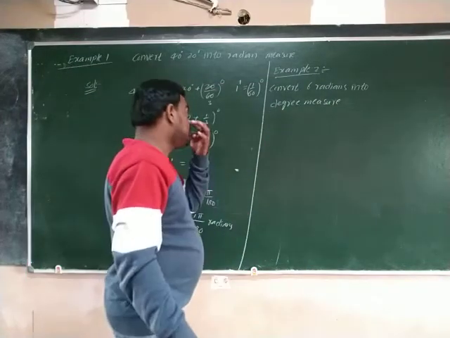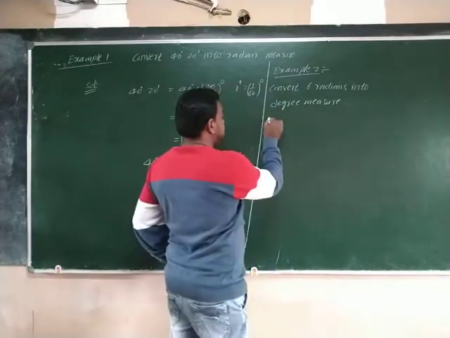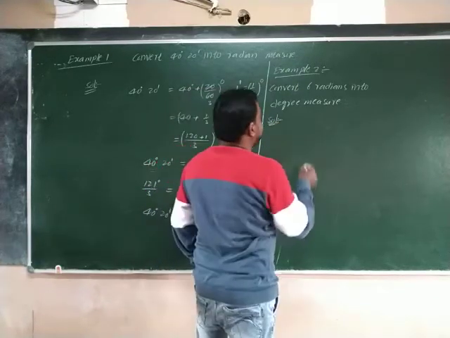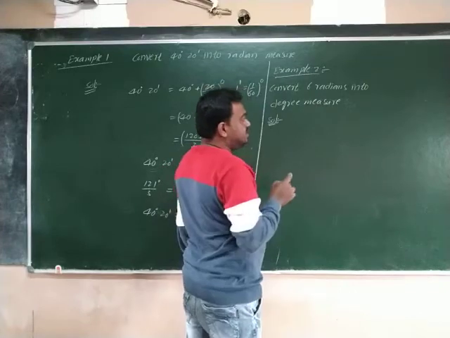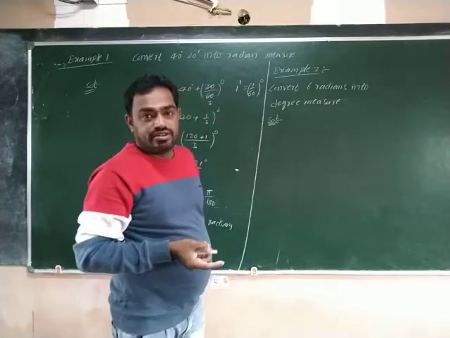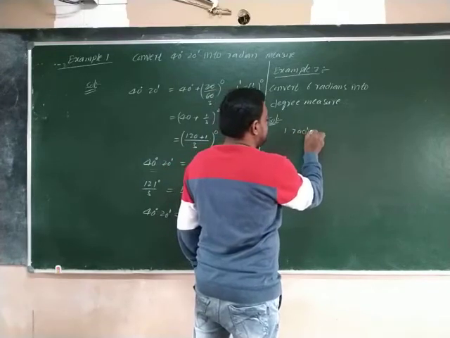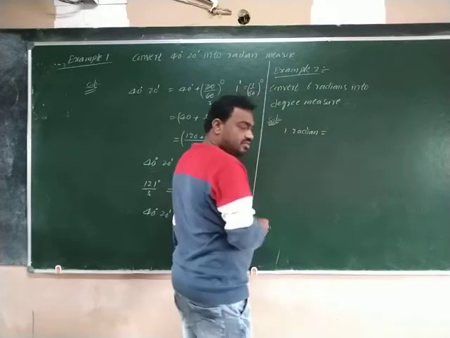Very simple question. For the solution, we need to convert 6 radians into degrees. So 1 radian is equal to what?